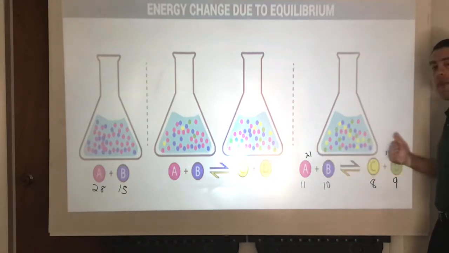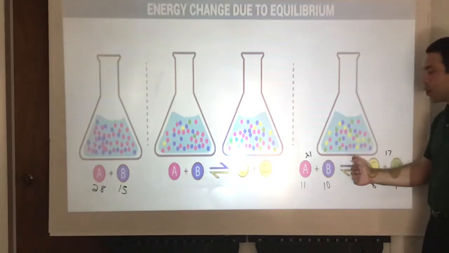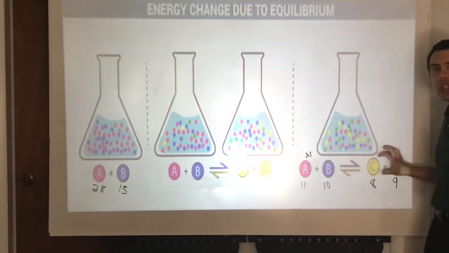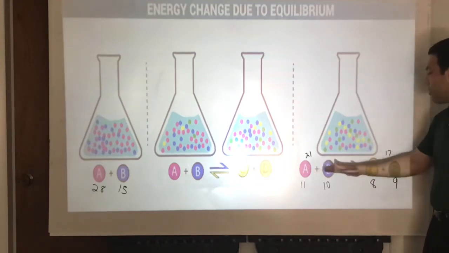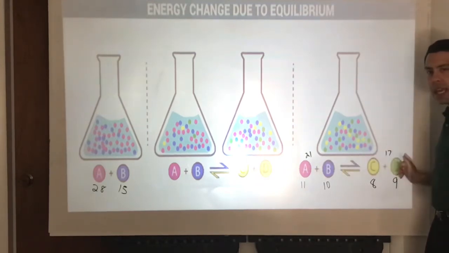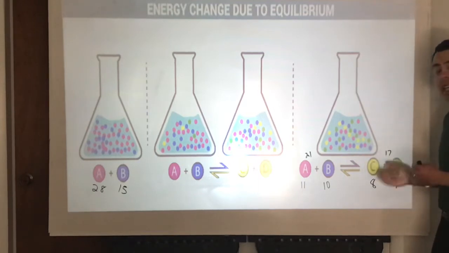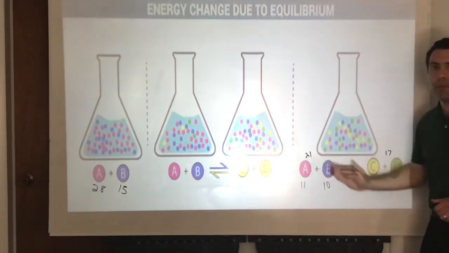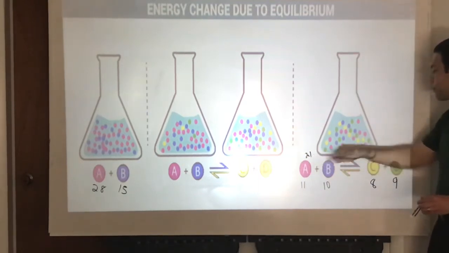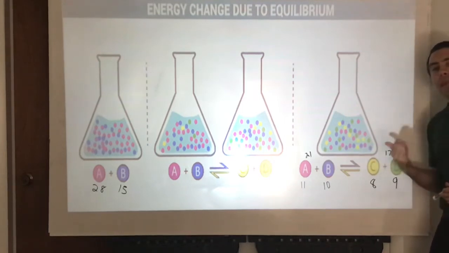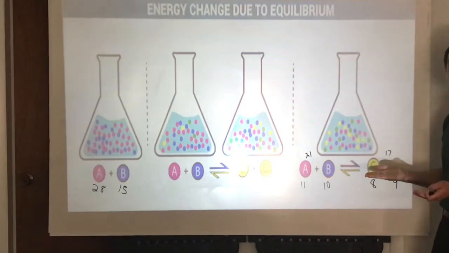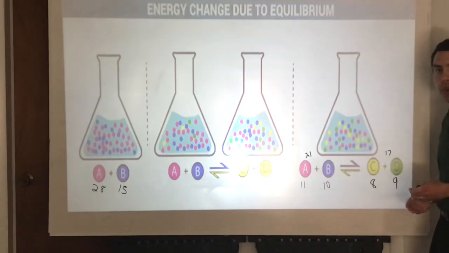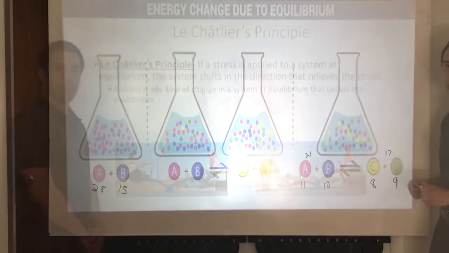The rate of the forward reaction is equal to the rate of the reverse reaction, and the concentrations will remain constant. So for every A and B that will become a C and D, well, then a C and D will have to become an A and B. So these concentrations, these amounts, will stay the same within a given range now that we've reached chemical equilibrium.